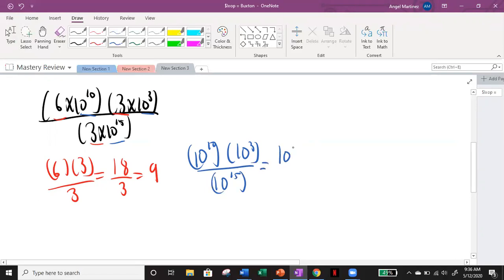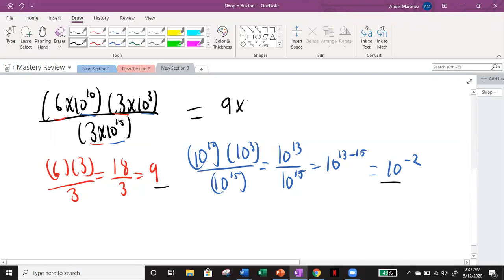We can add the top part, 10 to the 13, because 10 to the 10 plus 3 is 10 to the 13, and 10 to the 15. So we get 10 to the 13 minus 15. You notice we get a negative number, so it's 10 to the negative 2. And like last time, we just combine the two. So our final answer will be 9 times 10 to the negative 2.